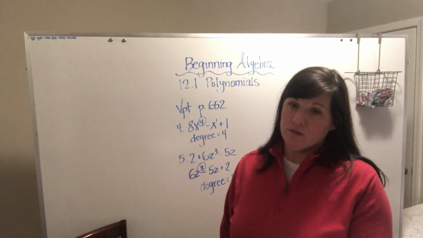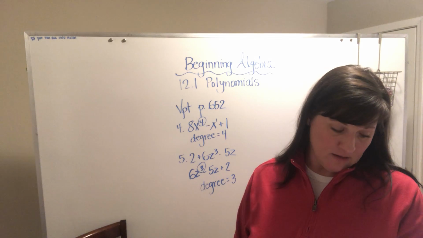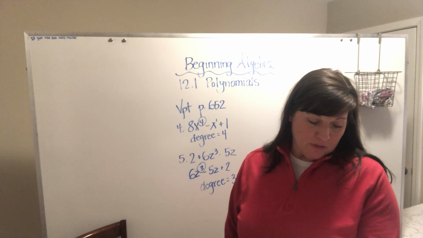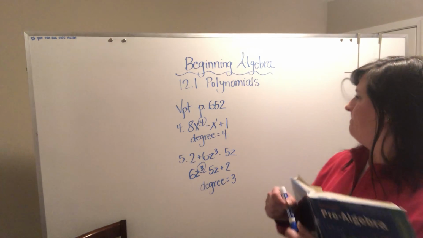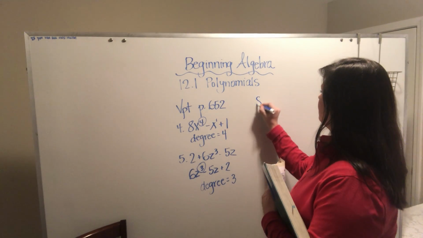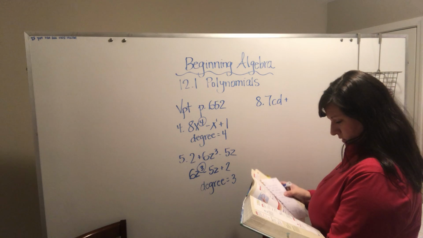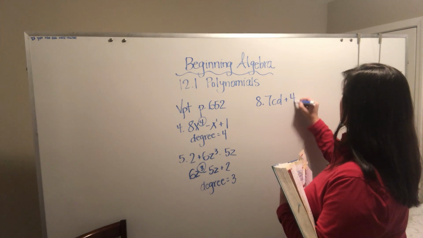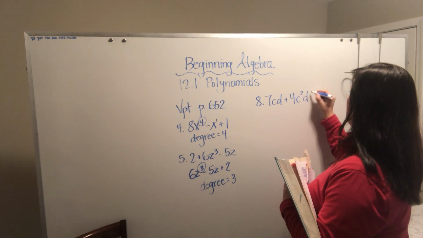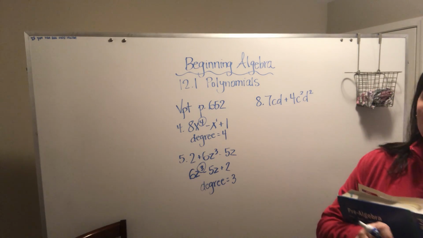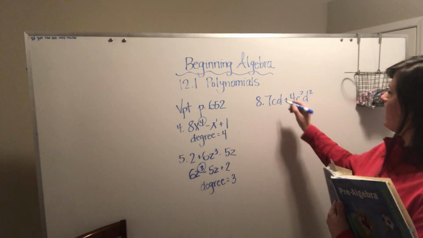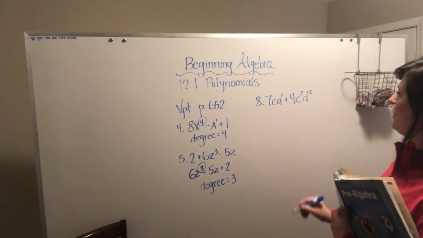Pay attention though, you get a problem like number 8. 7cd plus 4c squared d squared. Okay, you're looking at the terms. Recognize there's exponents there.